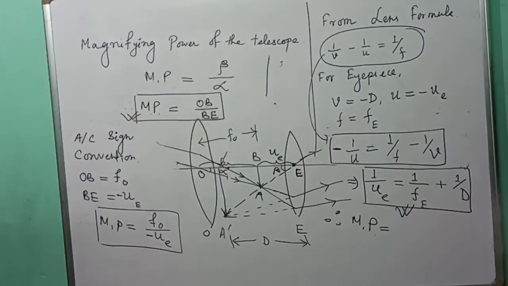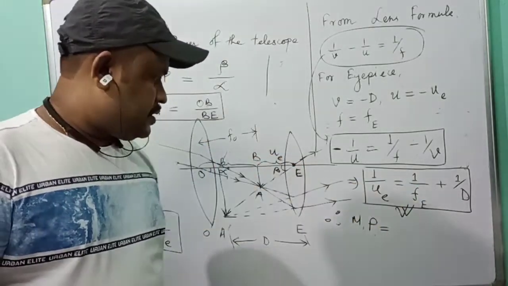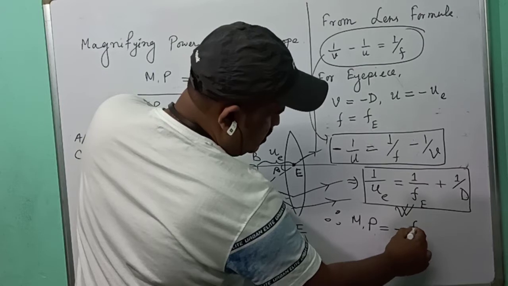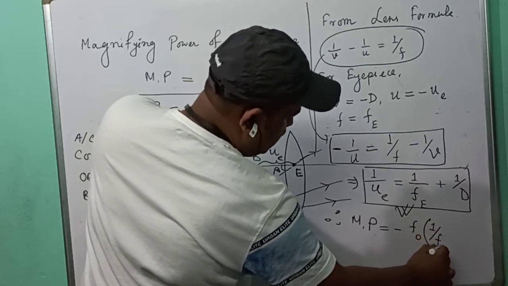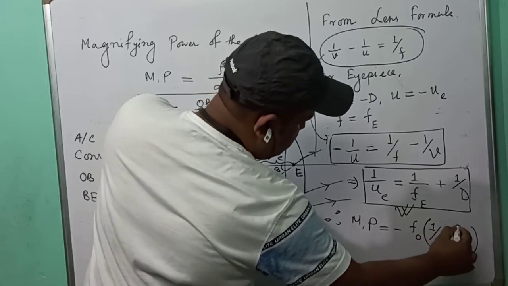You replace UE by this, then this will be minus F naught, 1 by Fe plus 1 by D.